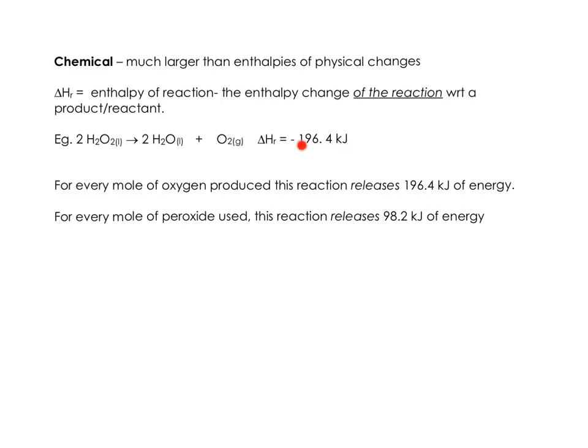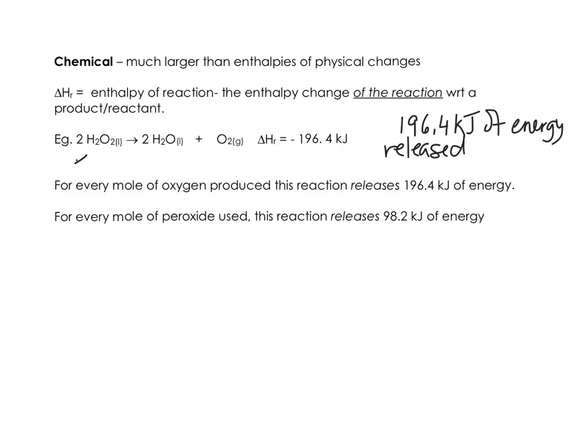So what this quantity means is there is 196.4 kilojoules of energy released in this reaction. But you have to pay attention to the coefficients. So it's for 2 molecules of hydrogen peroxide decomposing.